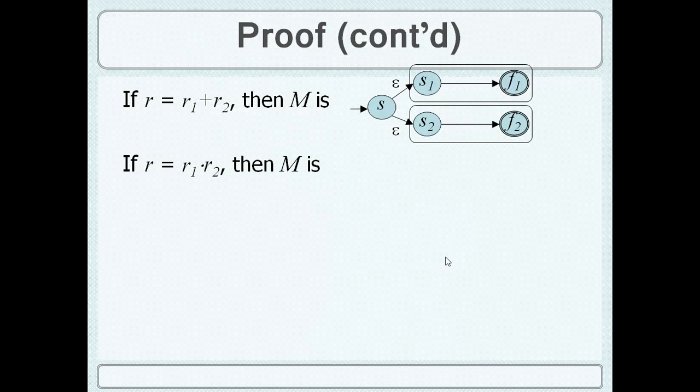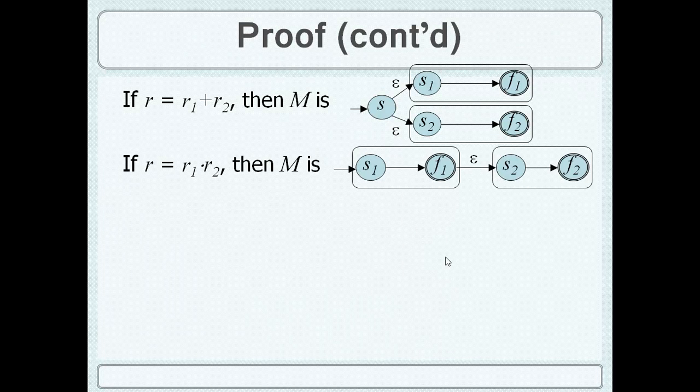If R is equal to R1 concatenated with R2, then M is like this. For R1, the starting state is S1 and the final state is F1. For R2, the starting state is S2 and the final state is F2. R1 and R2 are connected by a null transition, epsilon.